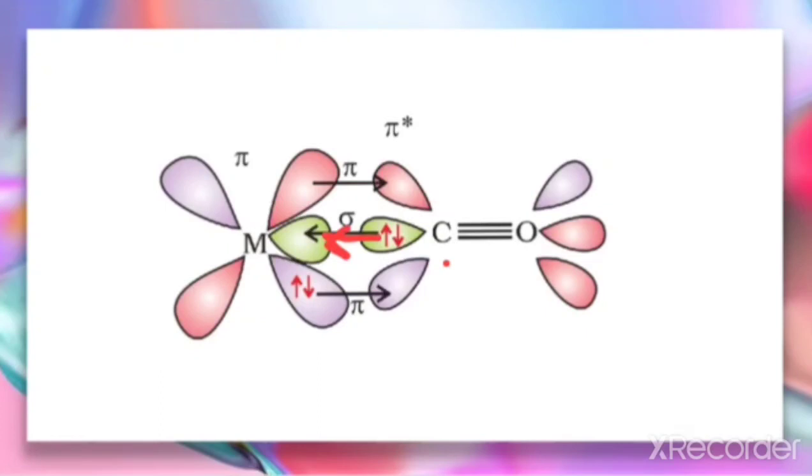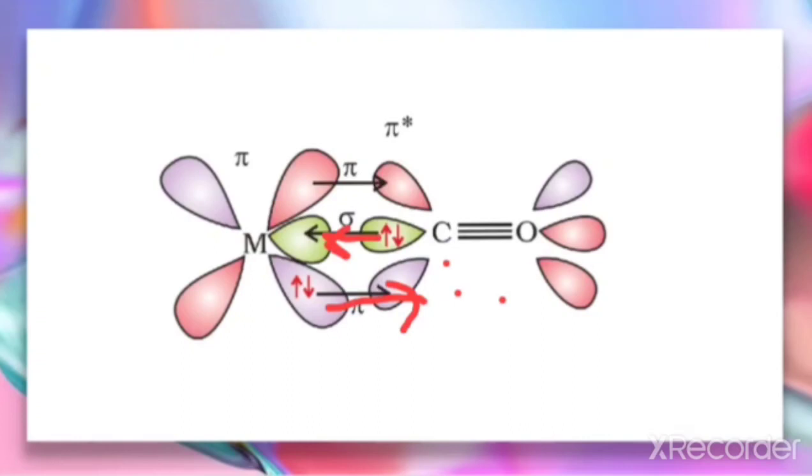The pi bonding results from the donation of electron from the filled d orbital of the metal to the empty antibonding pi star molecular orbital of carbon monoxide.